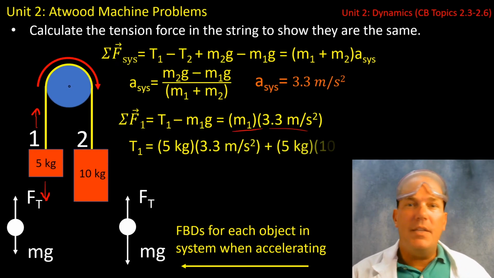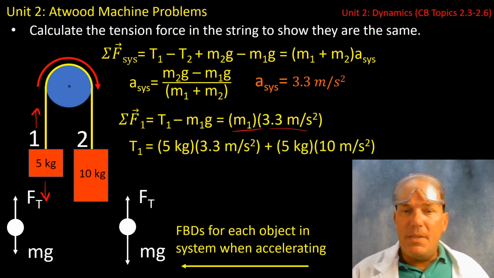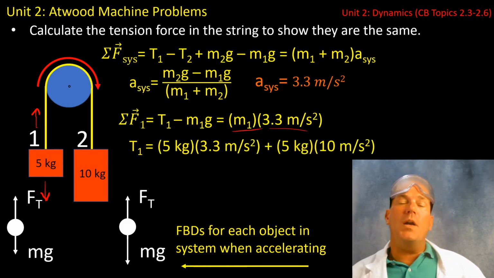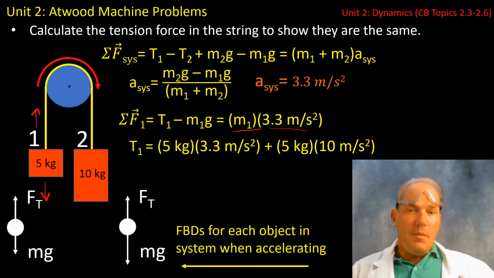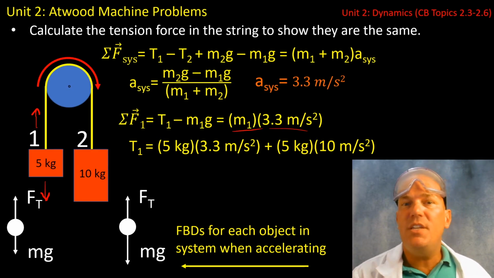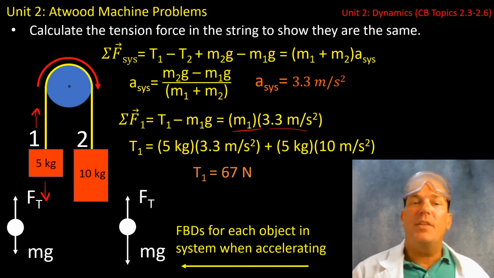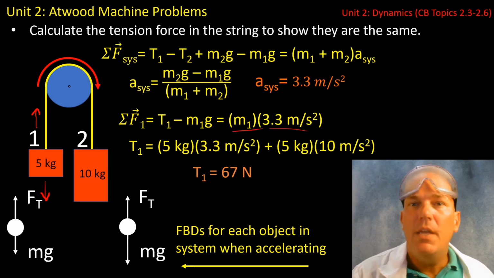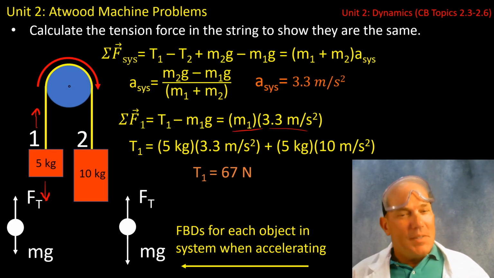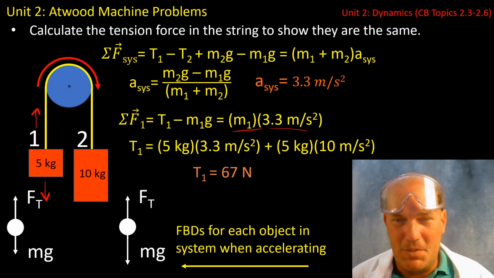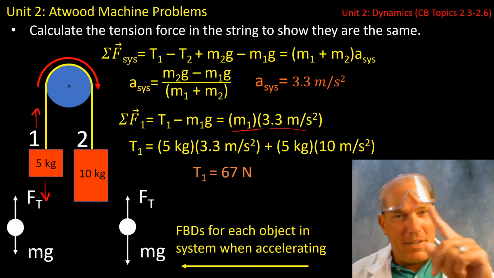So now I can algebraically manipulate this to solve for T1 by adding M1G to both sides. And now I can get my answer that the tension force 1 is equal to 67 newtons. Very cool.